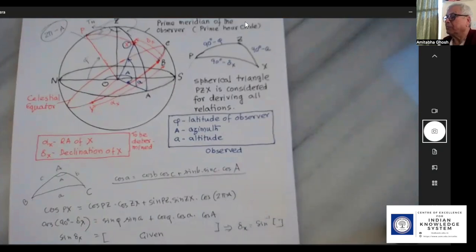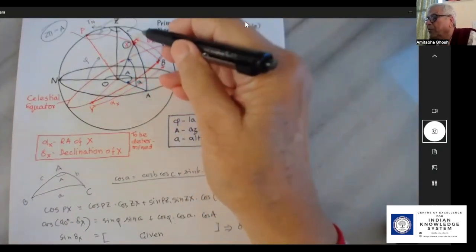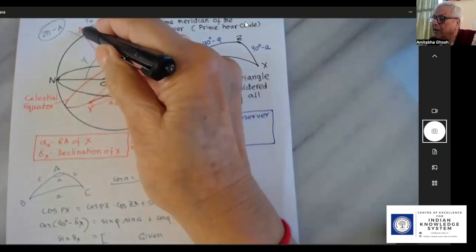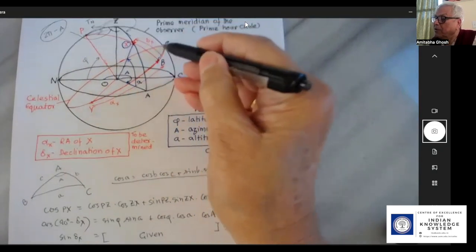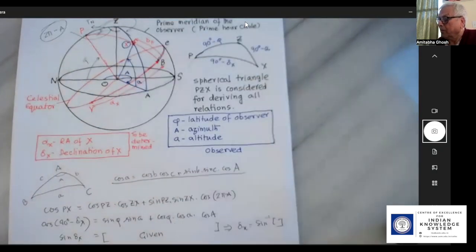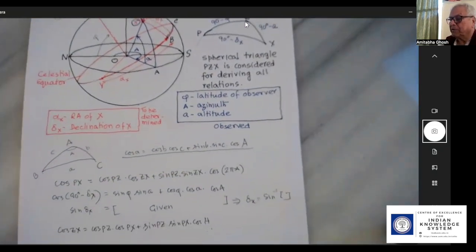That's what I discussed. That means the amount of rotation towards west from the meridian, the prime meridian. So this is the prime meridian. It is rotating about this axis. So the amount of rotation is what is called the hour angle. So therefore this becomes cosine Zx is what?